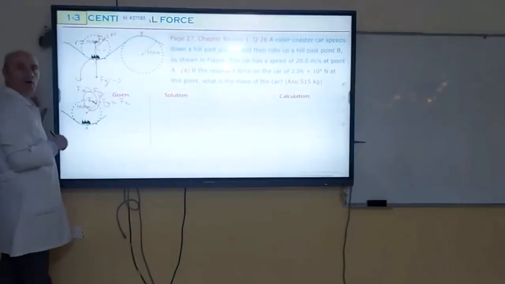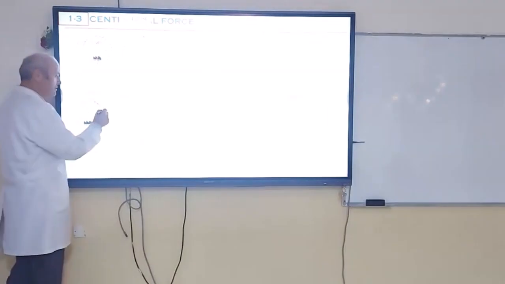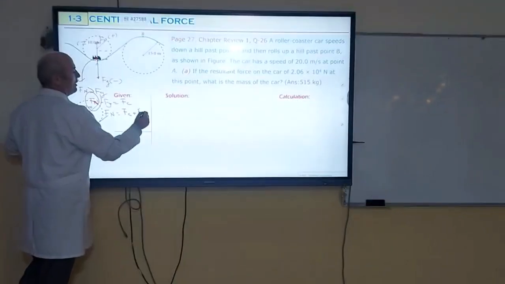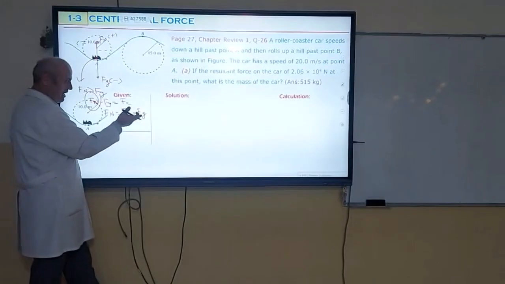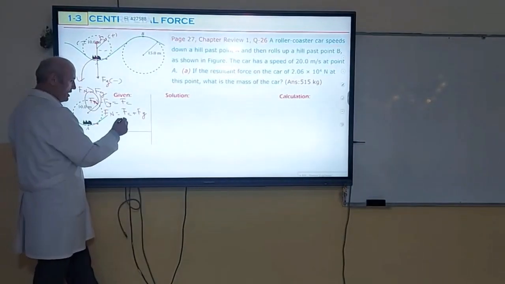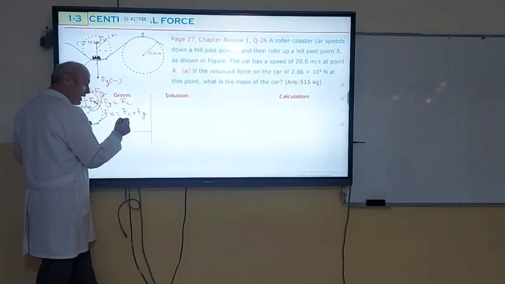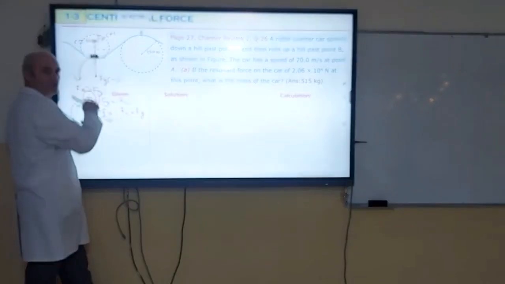If Fn should be calculated, can it be calculated? Why not? Fn is equal to Fc plus Fg. Fc is given. If mass is given, can we calculate Fg too? Yes. Fc is given, and if mass is given, you can calculate Fg. Also, when you add them, you will find how much Fn acts on the car at that position.